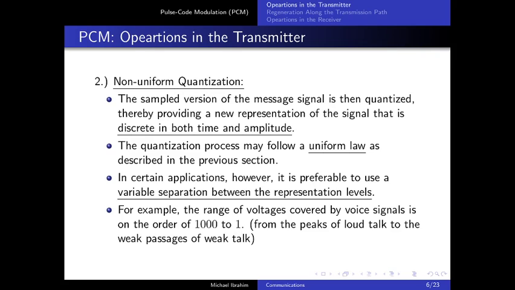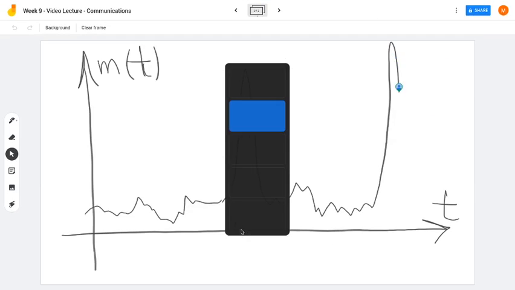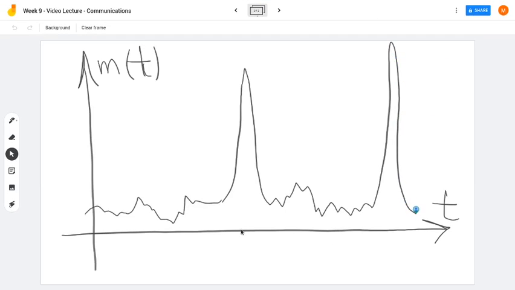In order to understand this, let's take a look at this kind of signal we have over here. This is a typical voice signal or audio signal where at some instance we have weak passages with small amplitudes, and sometimes we have loud passages with large amplitude.